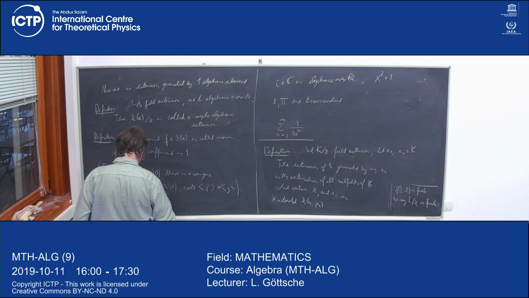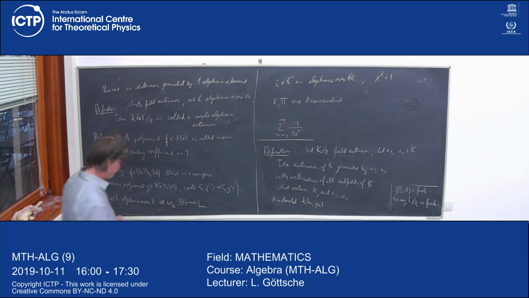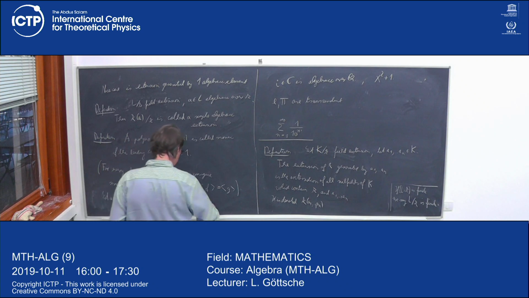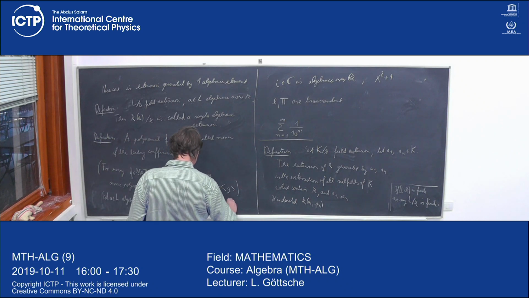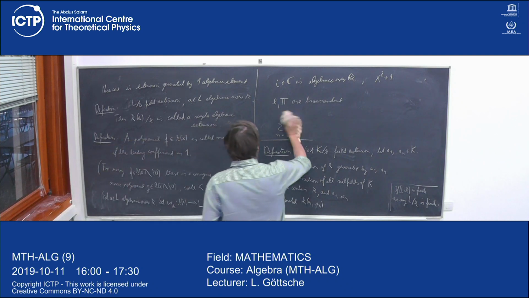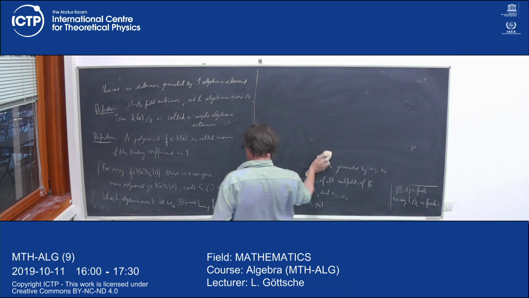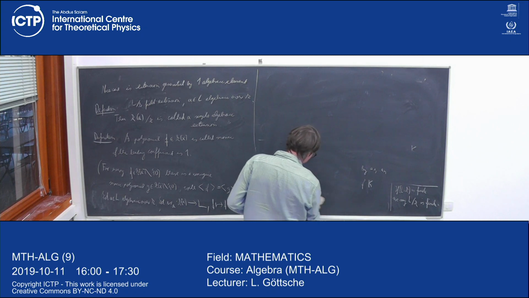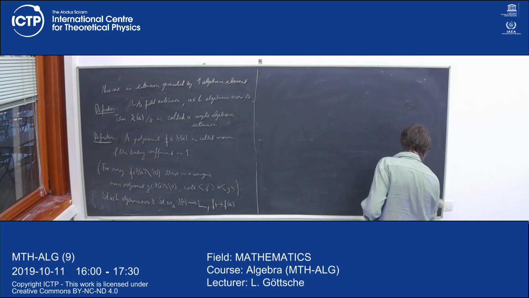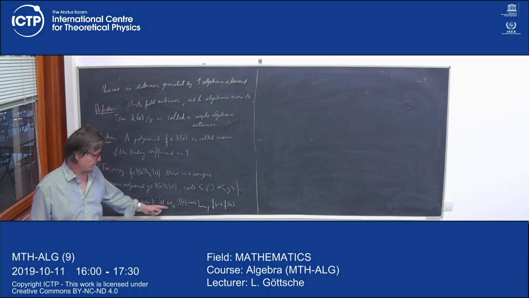We can look at the evaluation morphism at a from K[x] to L, which sends a polynomial f to f(a). We know this is a ring homomorphism. The fact that a is algebraic means there are some non-zero polynomials which are zero at a, so the kernel of this map is non-zero.